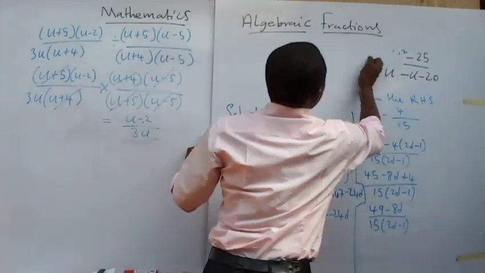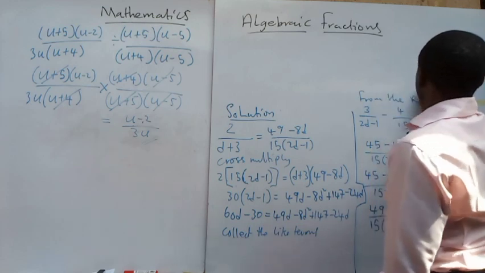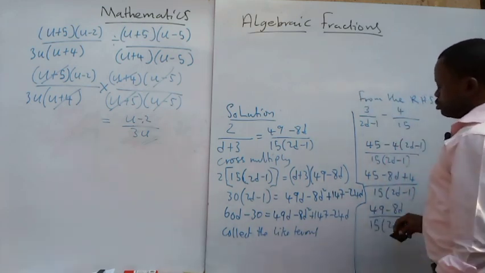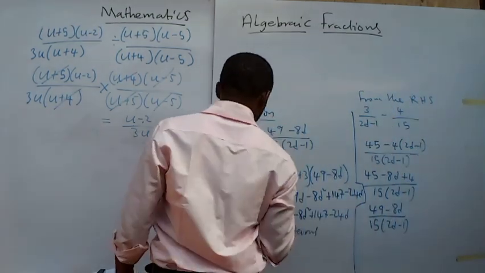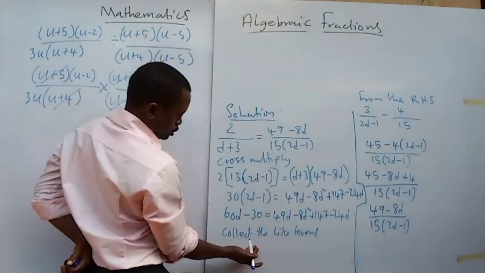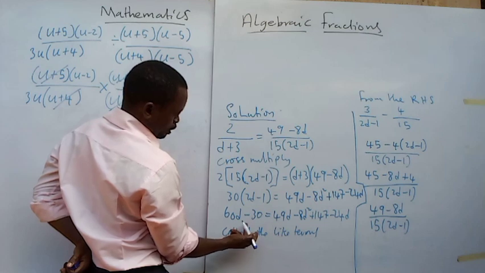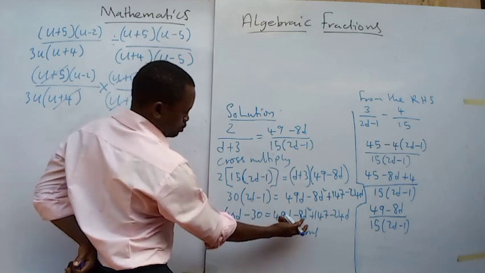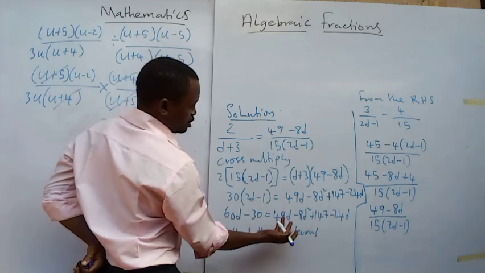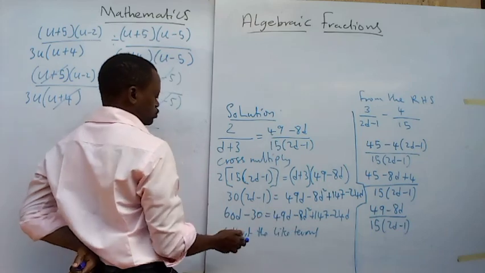I'm sure you are following whatever we are doing. Maybe I will clean this later and then tidy up the work. Let me bring everything over here, so that this side will be 0.